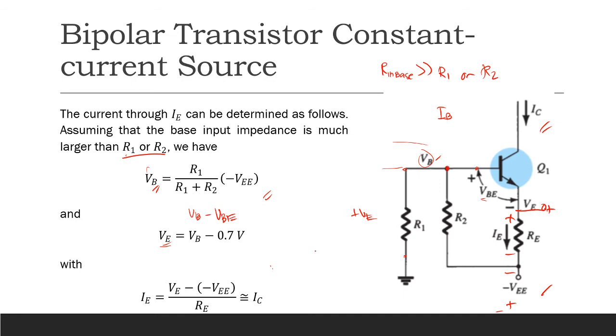So, we will have VE na negative minus IE RE plus VEE. Ayan. Equal to 0 volts. And kapag inayos natin yan, so we will have IE equals VE plus VEE over RE. So, tama, plus talaga to.